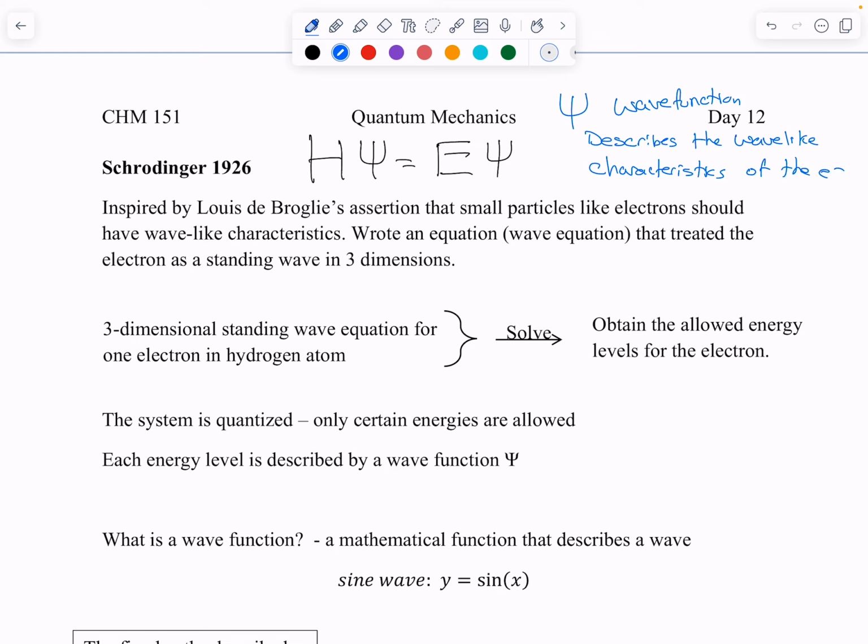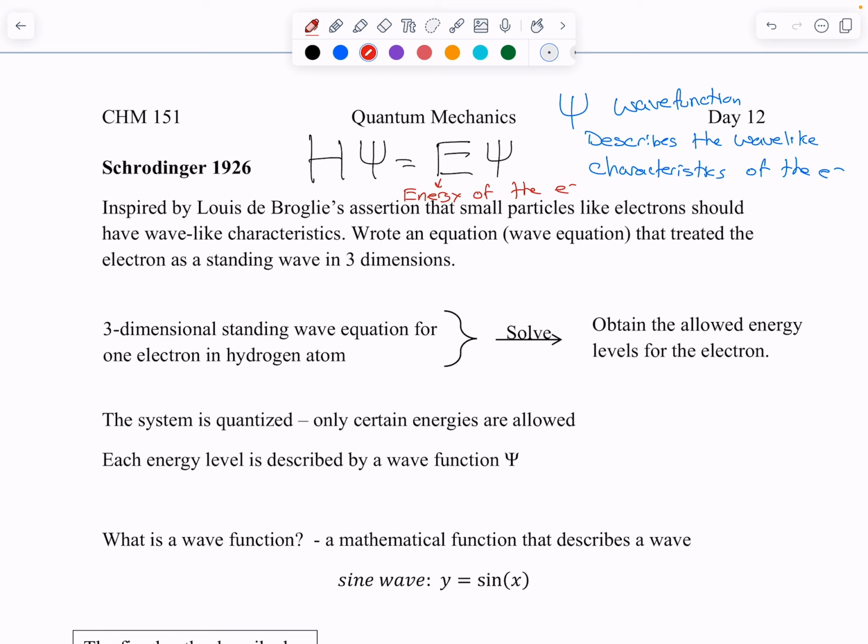Right? So psi is on both sides of the equation. E, as you probably guessed, would be the energy. Right? E is the actual energy of the electron. Energy of the electron. What is H?